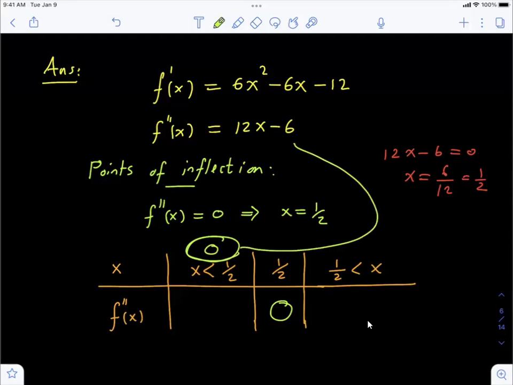I will plug it in the position of x in the second derivative, and I will get a positive value. It's positive in that case. And then let's pick another value from the other interval. So let's pick 1, because greater than 1/2, 1 would be a good candidate, simple enough for computations. Bring it here, put it in the position of x. So you will end up getting 12 times 1 minus 6. What is that number? That number is going to be positive 6 at the end.